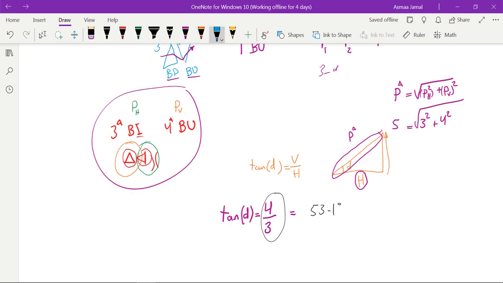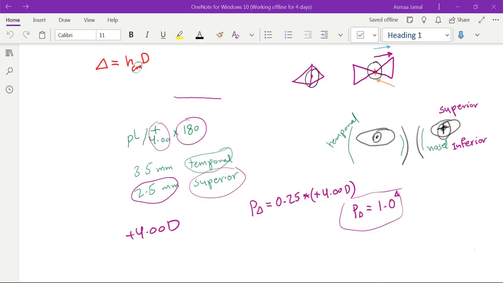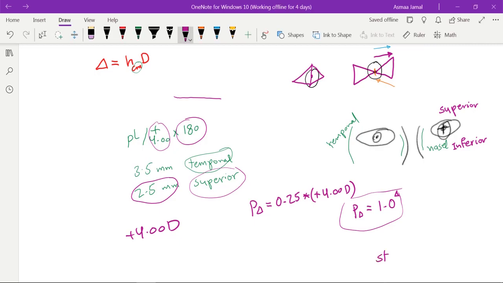So the resultant prism out of two different orientations, one vertical and the other horizontal, will equal 5 prismatic power. And since the vertical one is bigger, that means 5 prismatic power base up at an angle of 53.1 degrees. So as you can see here, we use prism to correct strabismus.